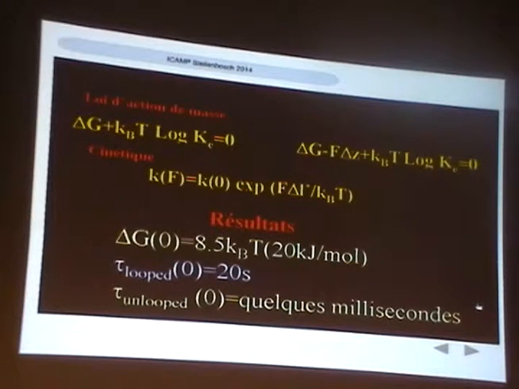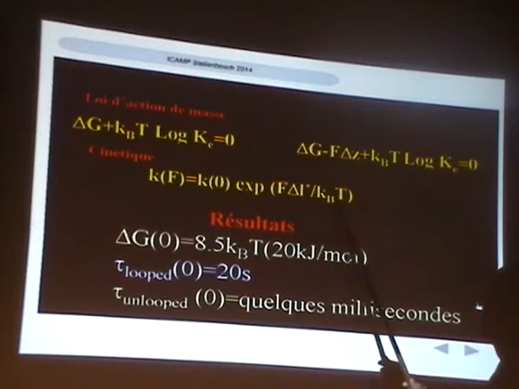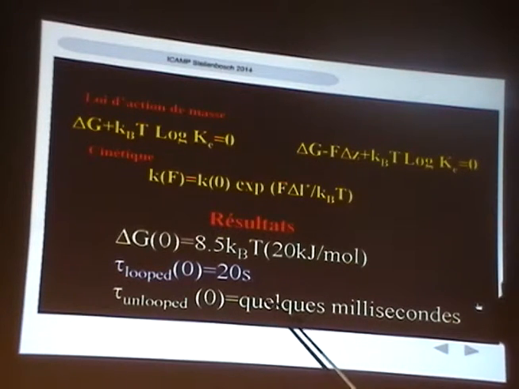But here, because we stretch, we can go to a regime where we spend seconds, only seconds, in the open state. And as you can extrapolate the kinetics at zero force in this system, it means that if there were no force, it would be in the open configuration only for a few milliseconds, whereas it could remain in the closed configuration for tens of seconds. So basically, we will see mainly this part.